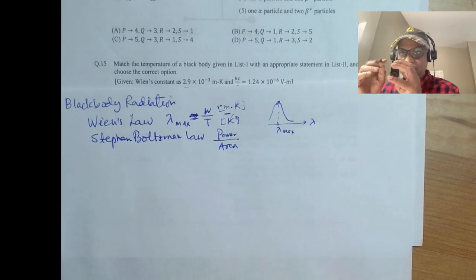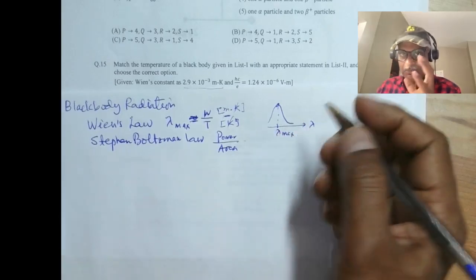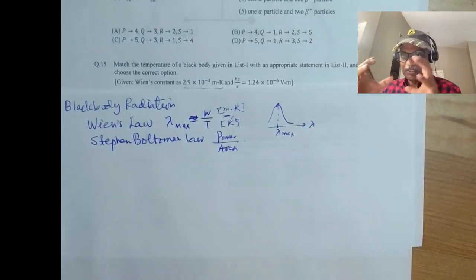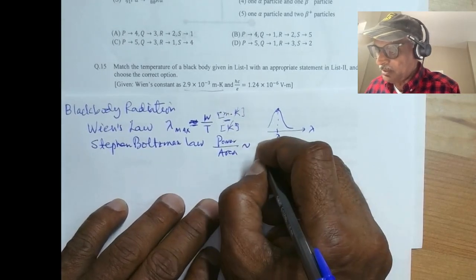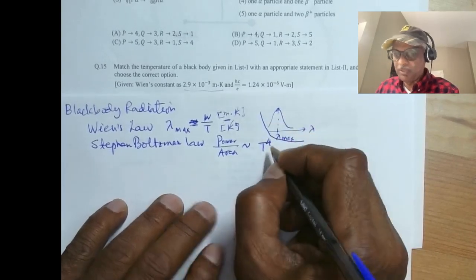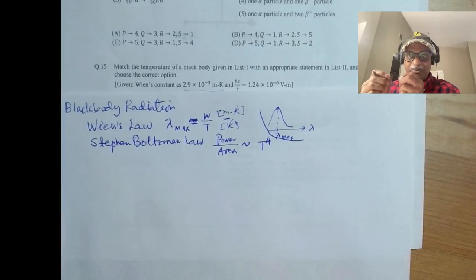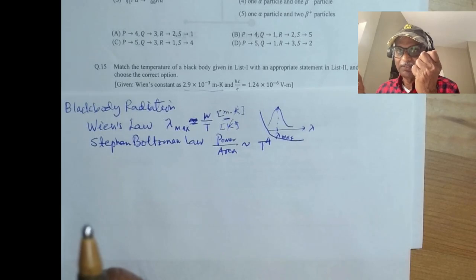Take all the power that came out of the sun, divided by the surface area of the sun. This will go as temperature to the power 4, and this is unbelievable. It is very sensitive to temperature. If temperature doubles, then 16 times the power will come out.